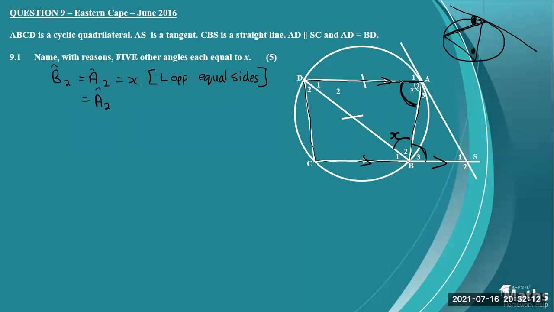The angle A2 forms a Z and is equal to B3. That's equal to x. Alternate angles, and you must mention AD is parallel to SC. Right, so we've got that one. Let's see what else.